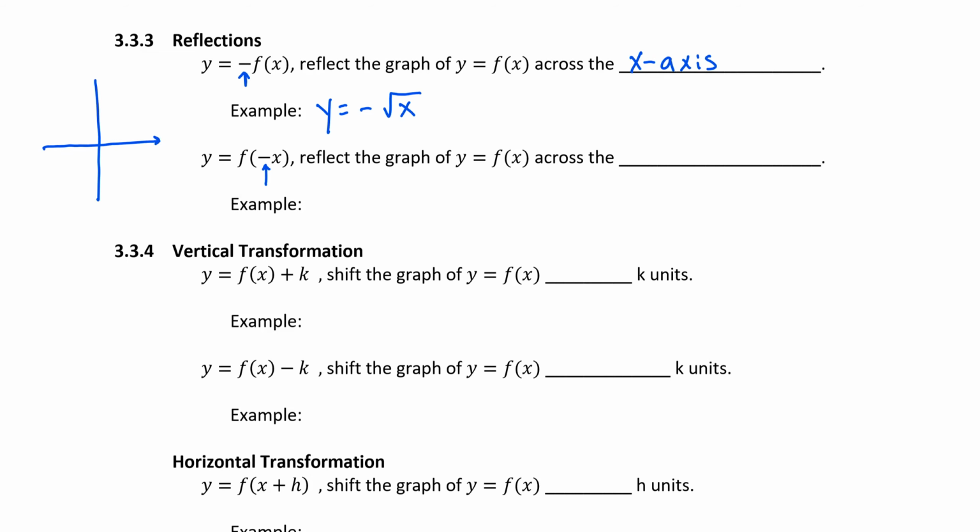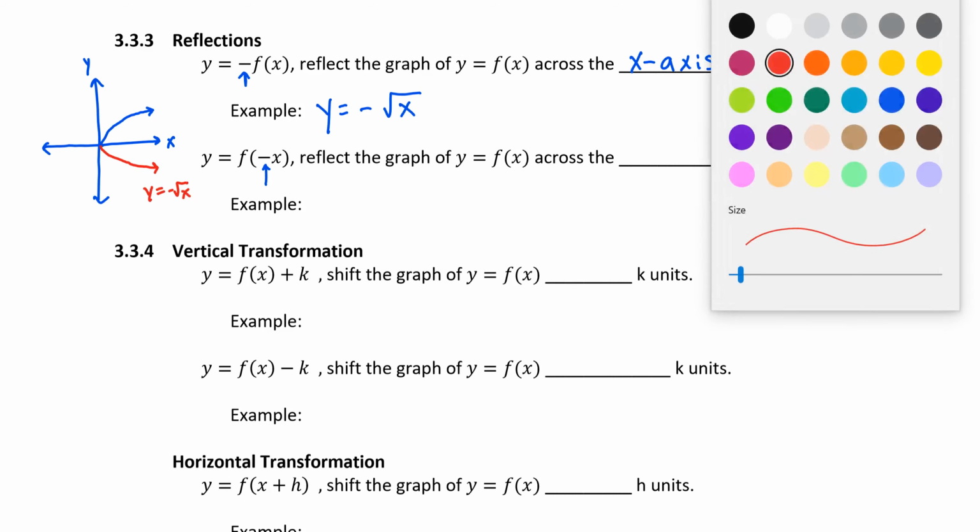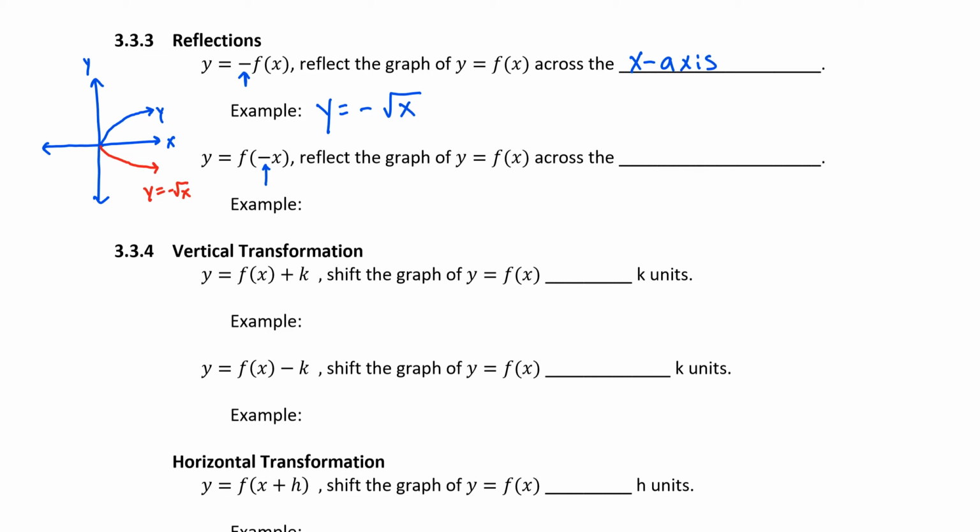Let me draw the parent function out here for a visual. Square root of x does something like this. Negative square root of x reflects across the x-axis, so it is going to open like this. It's still the same basic nature as the parent function. It's just opening in a different direction.